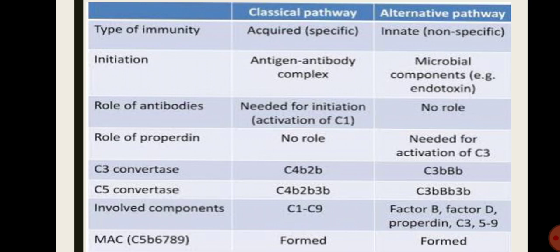So antibodies actually are very important in case of the classical pathway, but in case of alternate pathway there is no role of the antibody whatsoever. So in case of classical pathway we needed antibodies for the activation of the whole complement system. Okay, then we have the role of properdine. So properdine is needed for the activation of C3. We will discuss it later.